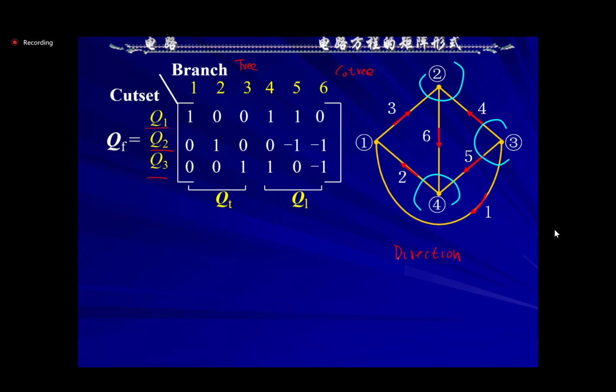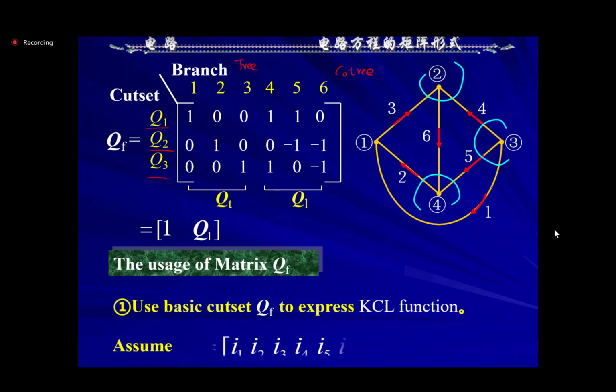of the cutset. What does the direction of the cutset mean? It is defined as the cutset direction being the same as the tree direction. For example, for tree 1, a cutset means we remove all the branches, and the original digraph will be separated into 2 parts.